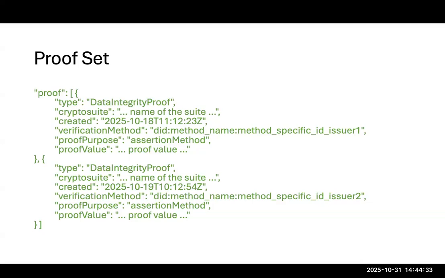Just to push a bit on this, the order doesn't matter. So if issuer 2 signs after or before issuer 1, it doesn't matter. We simply put both signatures on the credential.